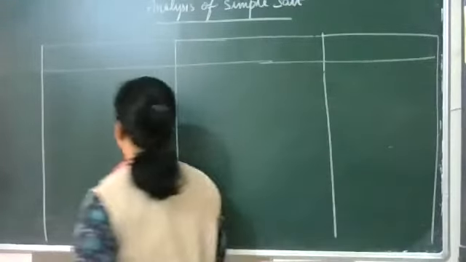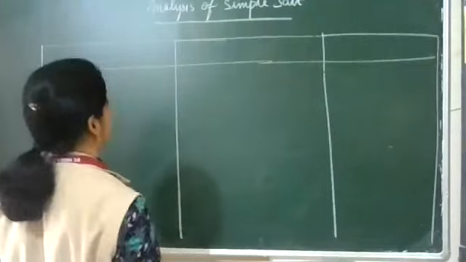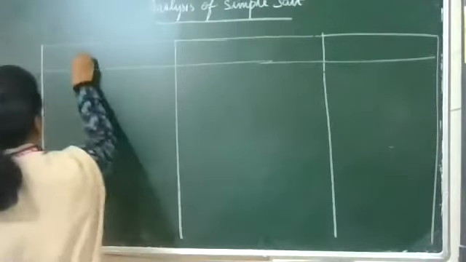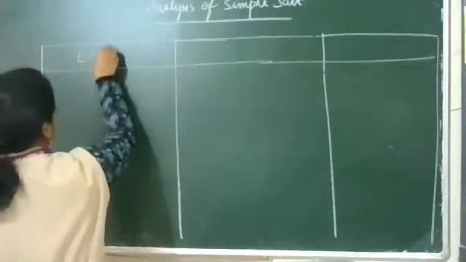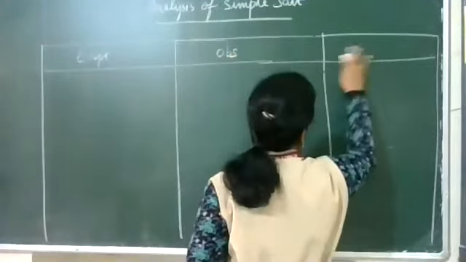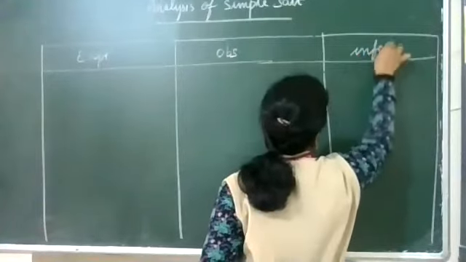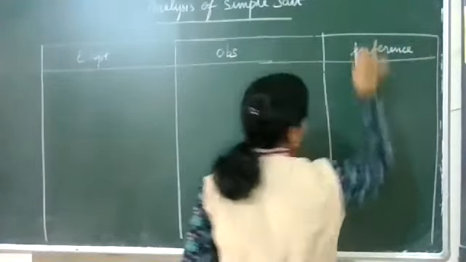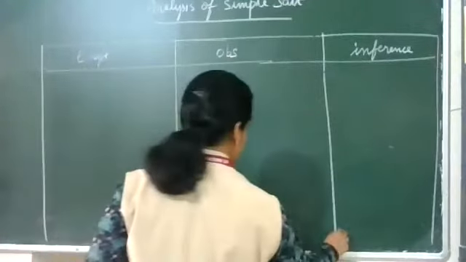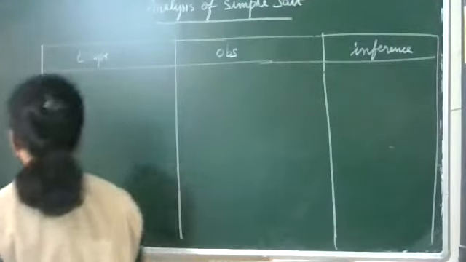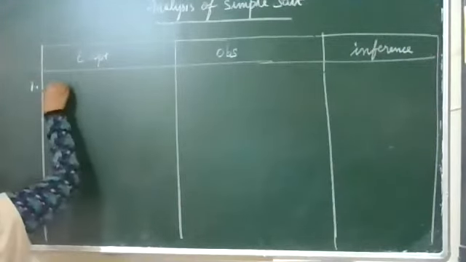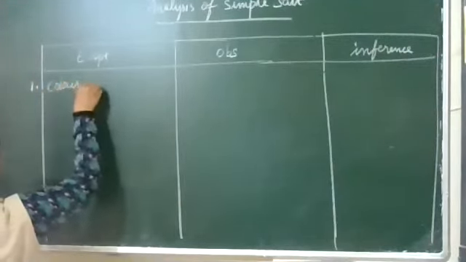We do it systematically, systematic analysis, step by step: experiment, observation, inference. Our first experiment, that is number 1, color and appearance.